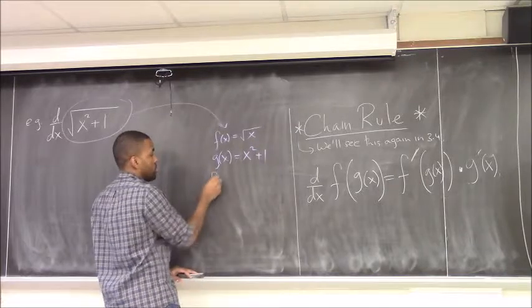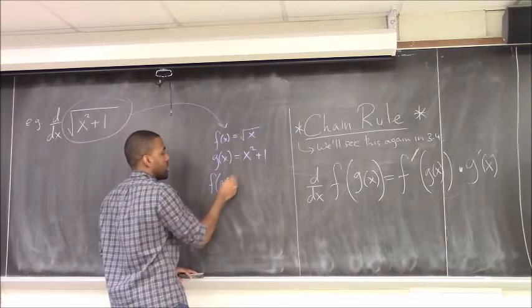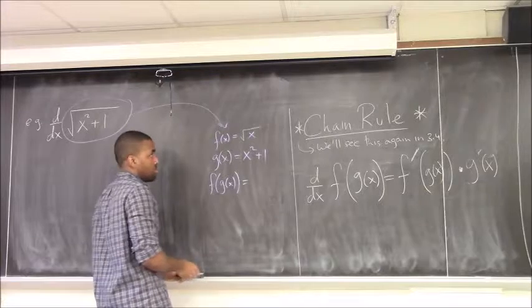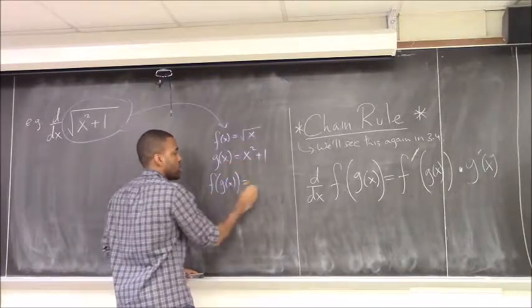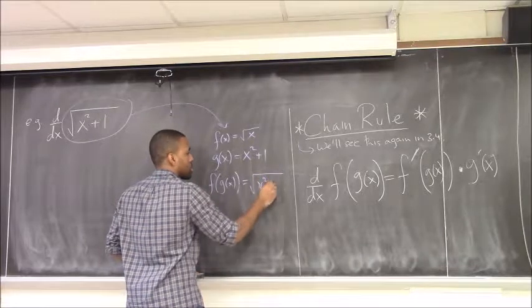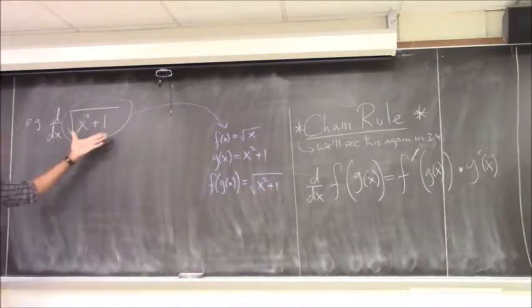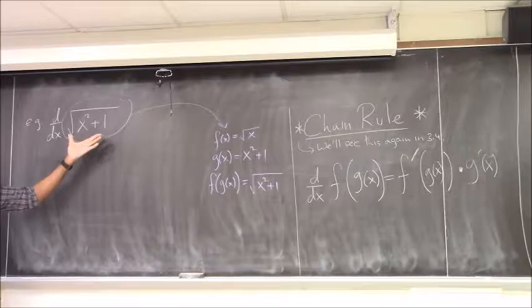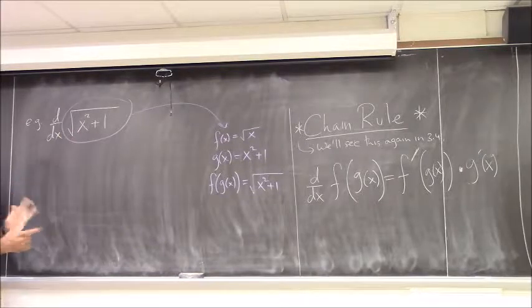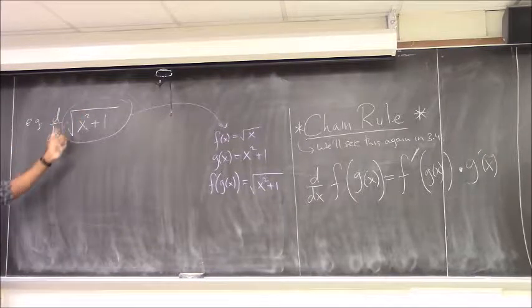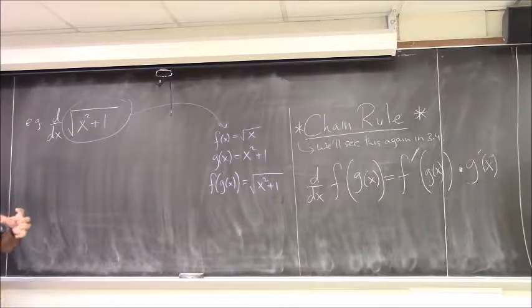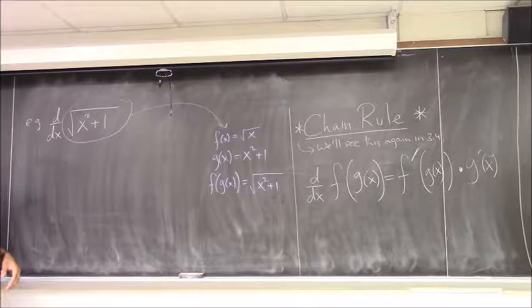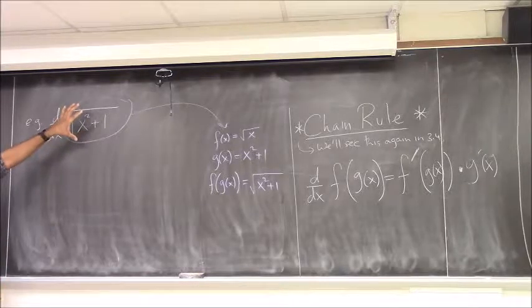Then if I were to find the function f of g of x, what would that be? Well, you take this one, plug it into that one, and so you end up with this. So the idea is you wouldn't just look at this as a function itself, you'd look at it as some function plugged inside another function. So there's a radical, but it's not just radical of x, it's radical of something else. There's something there instead of just an x. So really this would be thought of as a composite function.